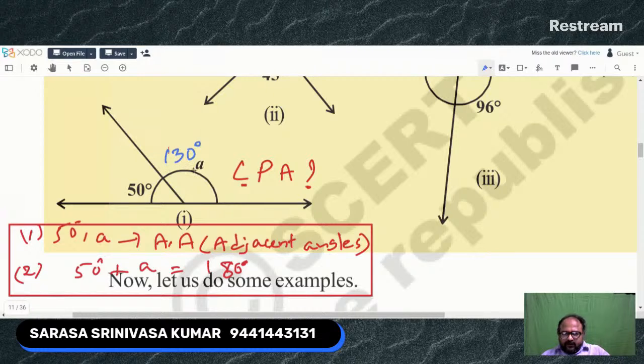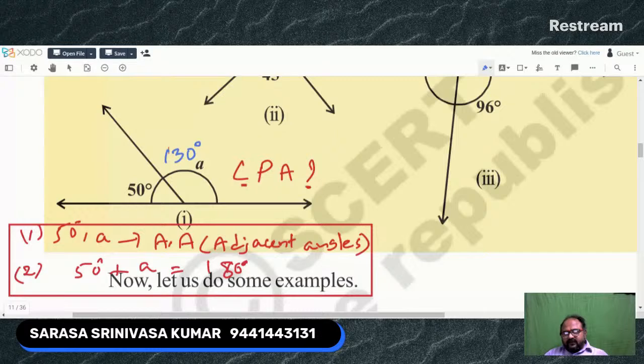So from this you get A equal to 130 degrees. In this problem, you should give the reason based on what facts you have concluded that the two angles are a linear pair of angles. How can you say that these two are a linear pair of angles? We used an axiom.